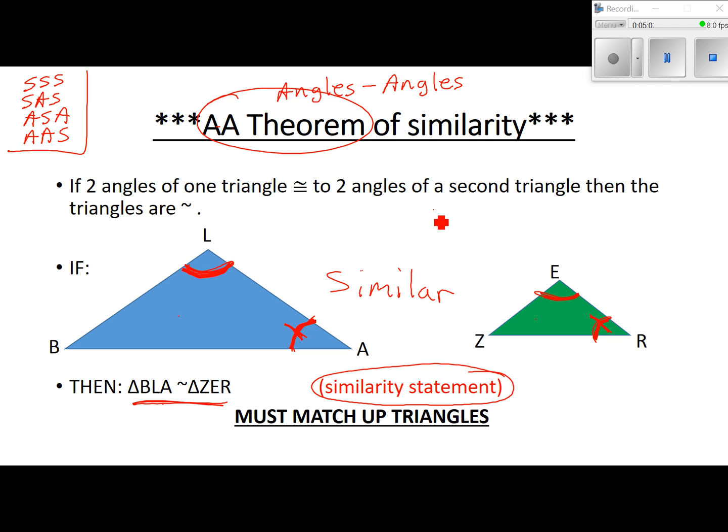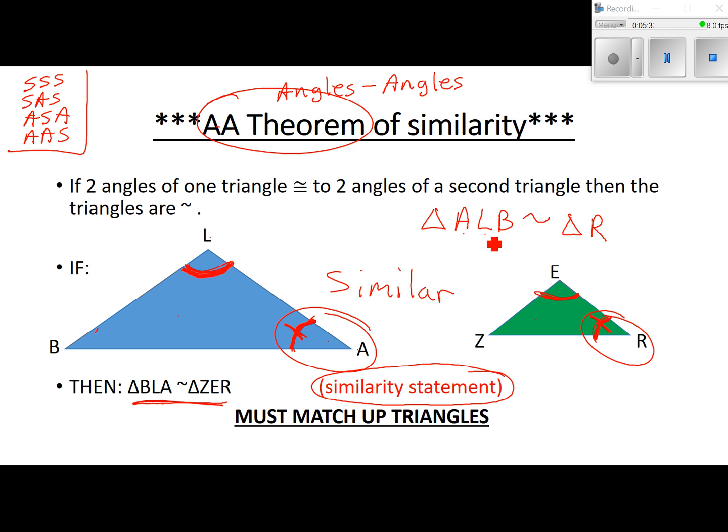We're going to do it a different way up here. I'm going to say triangle ALB. It doesn't matter how you name the first triangle. What matters is that when we're saying it's similar to another triangle, we match them up. So A is congruent to R. If A comes first in this triangle, R has to come first in that triangle.